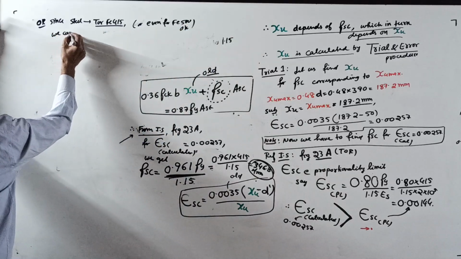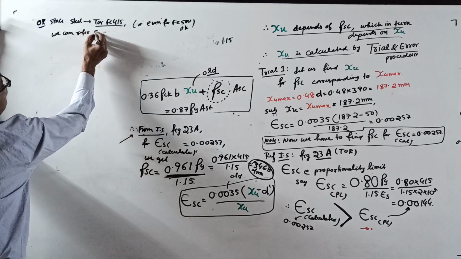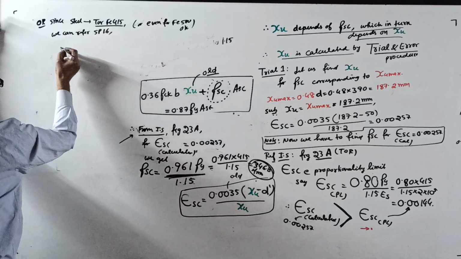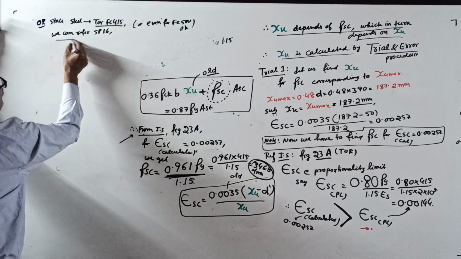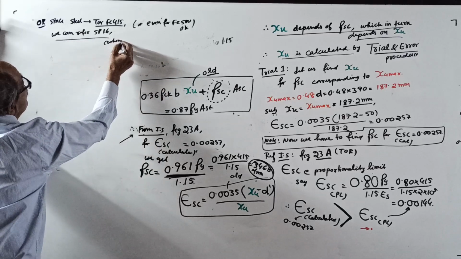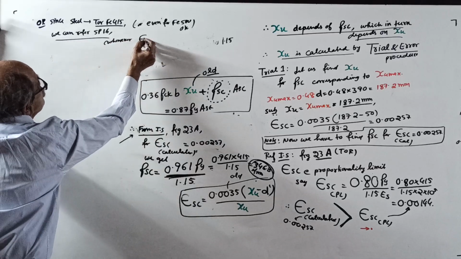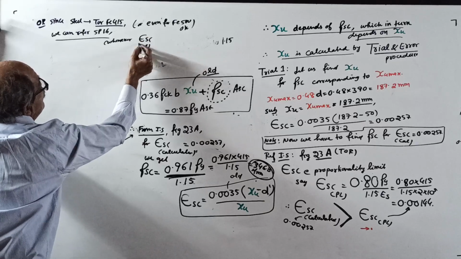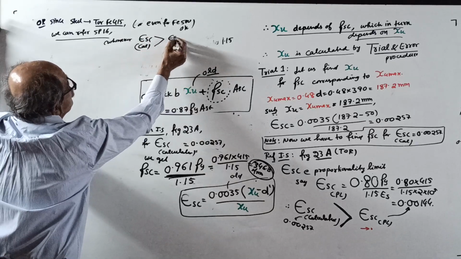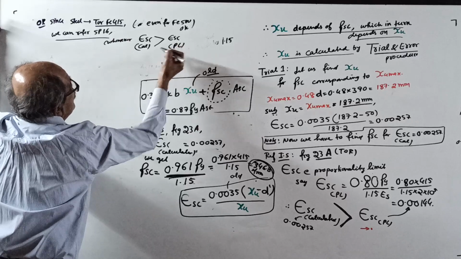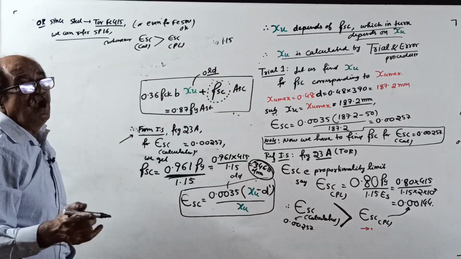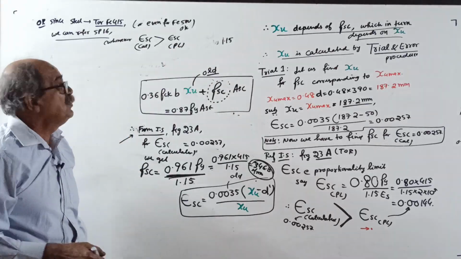We can refer to SP16 whenever epsilon SC calculated is more than the epsilon SC proportionality limit. Less means they have not given, because they also know the multiplying modulus.